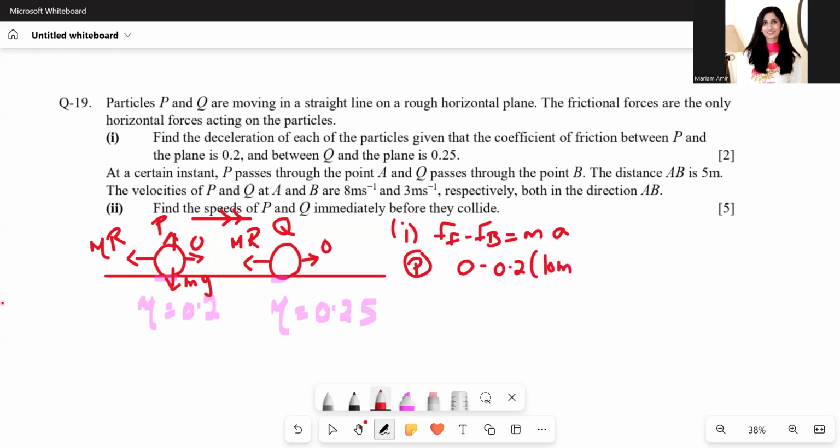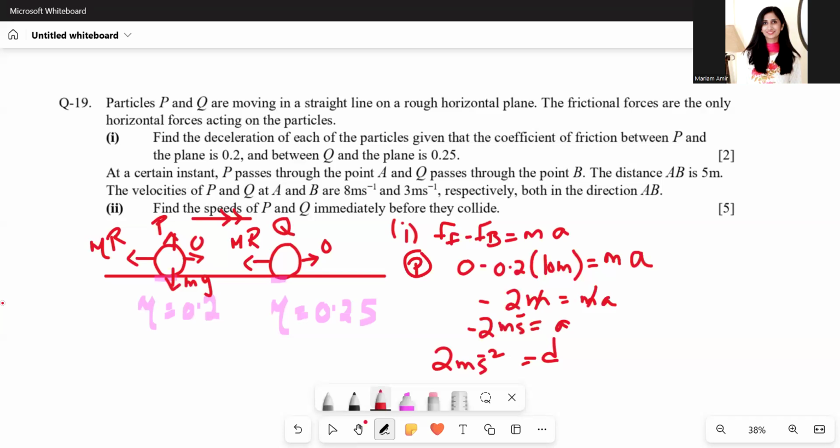So we write 10m here, equal to mass times acceleration. So we have minus 2m is equal to ma. The m's cancel out. Acceleration is equal to minus 2, and deceleration is equal to 2 meters per second squared. With deceleration, we do not mention the sign. So for this particle, acceleration is minus 2.